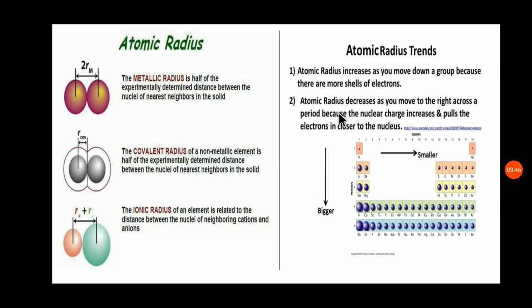Atomic radius decreases as we move right across the period because nuclear charge increases. Atomic size decreases because the extra electron enters the same subshell. That's why atomic radius decreases from left to right.